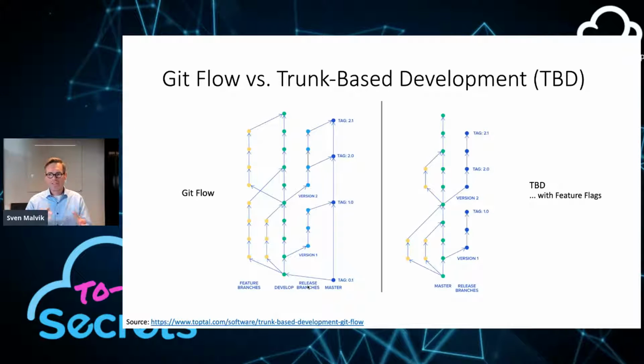So what we did then, we changed the setup, and we tried out trunk-based development, which basically means that you just have one master branch, and the teams can still have feature branches, but they have to be very, very limited in time, very short-living feature branches that you then merge into master as quickly as possible. And you don't have so many branches anymore. So everybody basically works on the master branch.